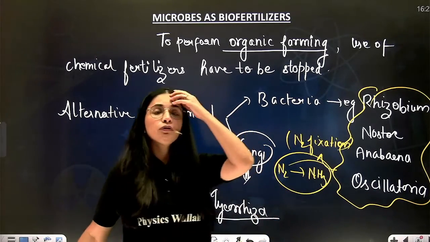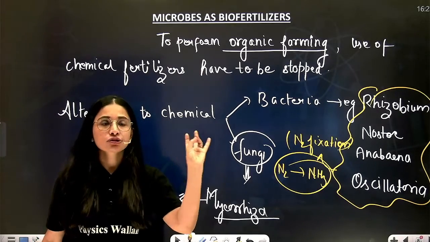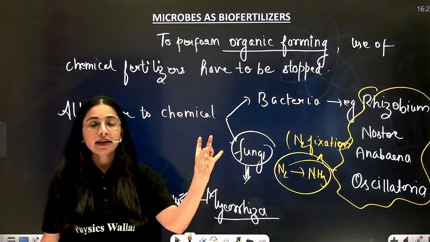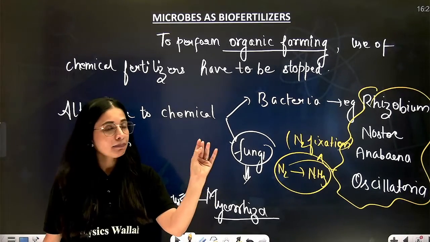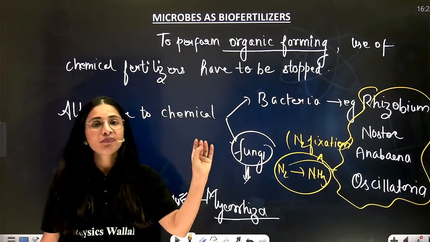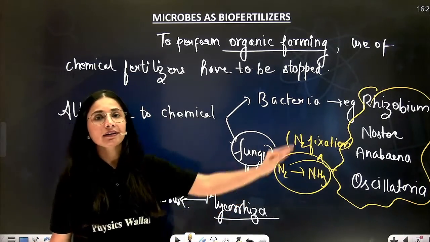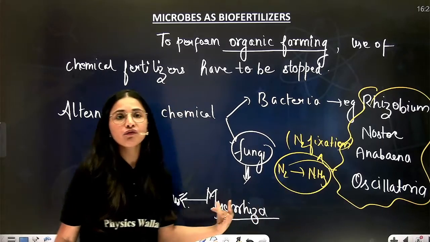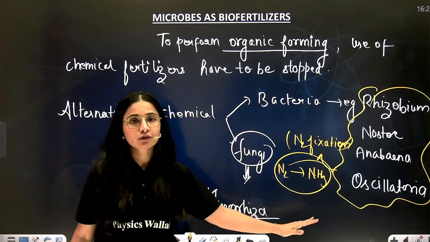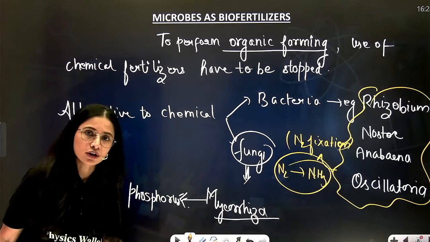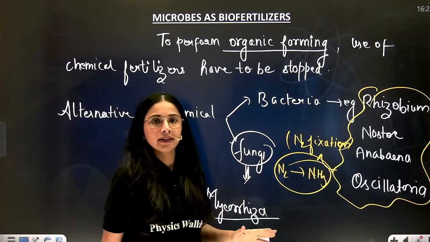So people who practice organic farming simply follow the method of natural predation so that there can be no use of insecticides and pesticides. Plus, they use the concept of biofertilizers in their field. They make their soil rich in such bacteria and fungi so that naturally their soil can be rich in nitrogen compounds and phosphorus, so that chemical fertilizers can be avoided.